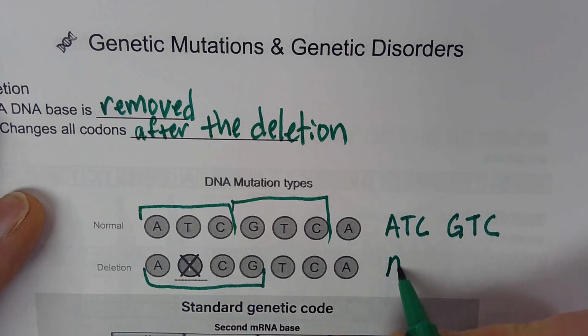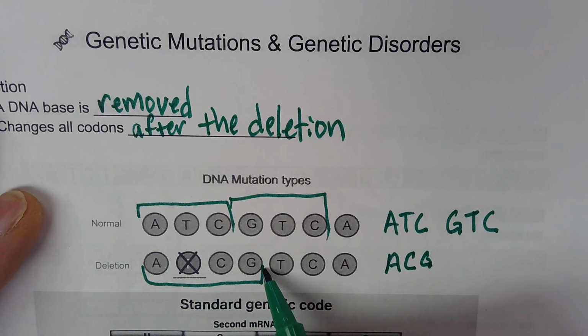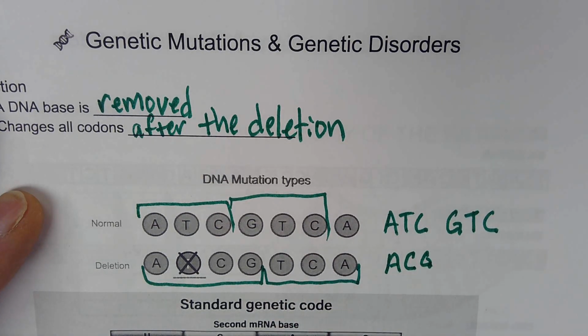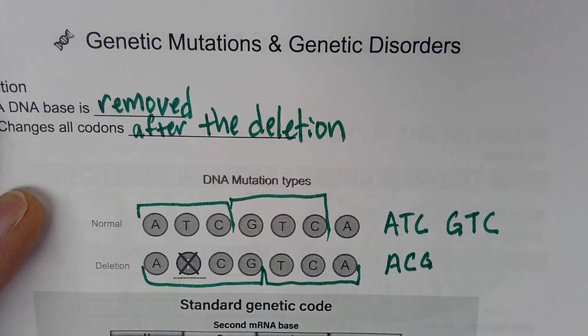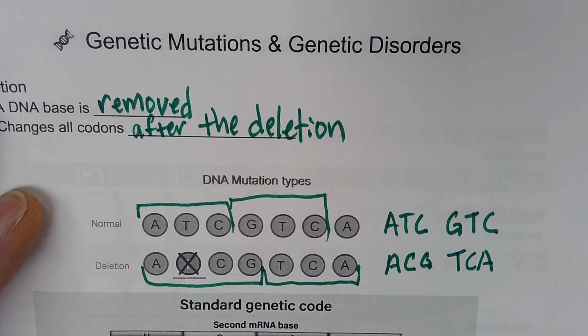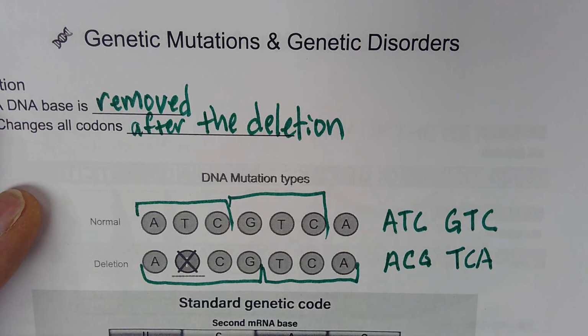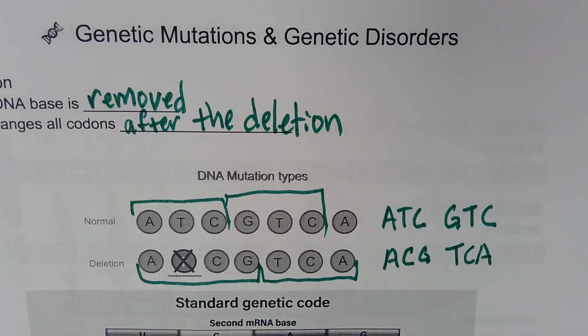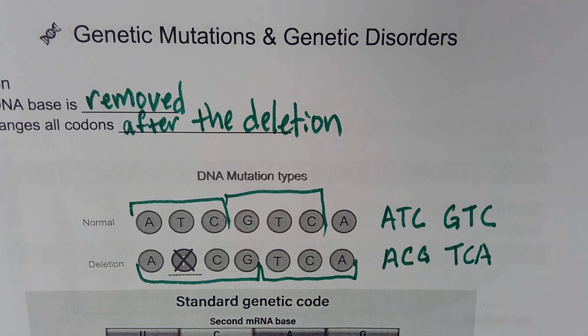So now my first codon is going to be ACG. And it's got to shift over to TCA. And if I had longer sequences, then you would see that every single one shifts after that. And we'll look at that too.